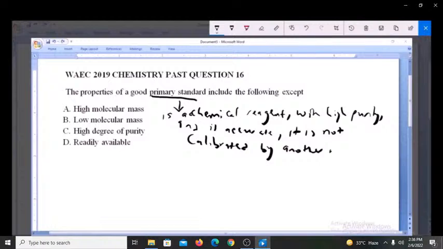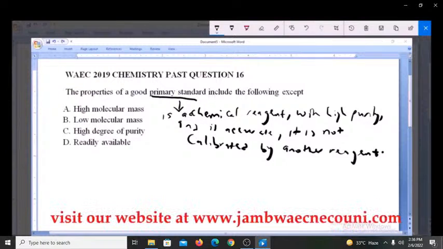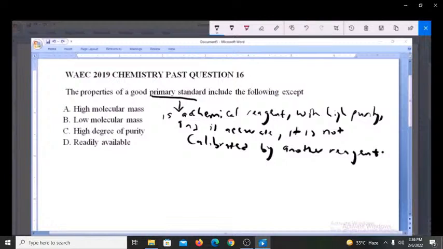Now, what are the properties of a good primary standard? We will look at the options and define each of them one after the other in order to see how each of them affects a primary standard.